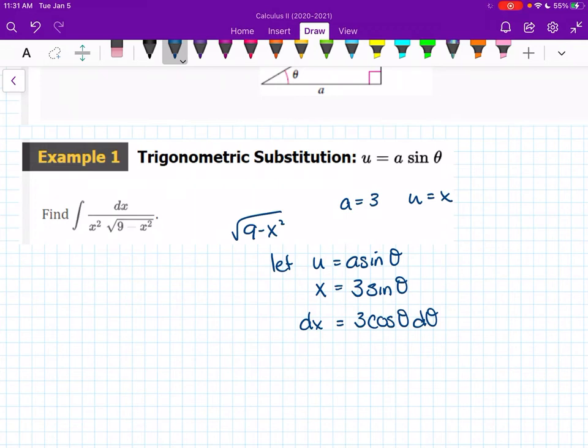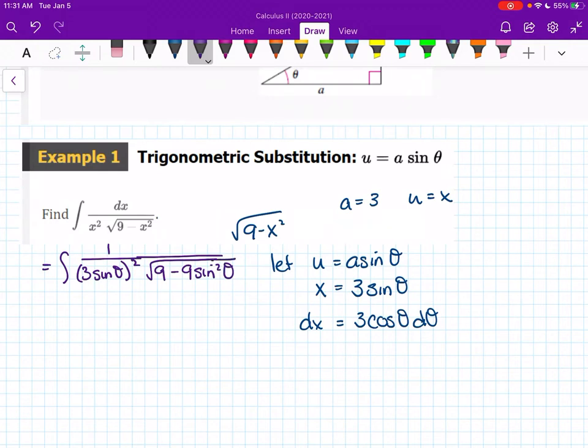Okay, so now if I go back to my integral over here, I'm going to have 1 over, and then I am going to go ahead and replace my x squared. So I have 3 sine theta squared. And then my radical is going to be 9 minus 9 sine squared theta, once I square that again.